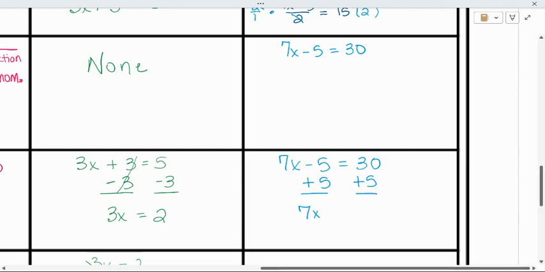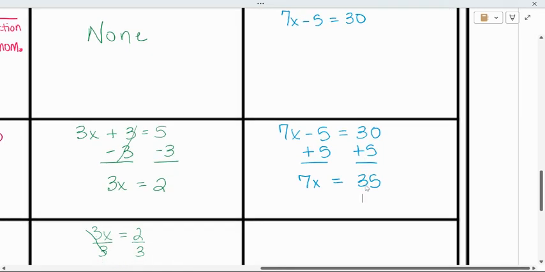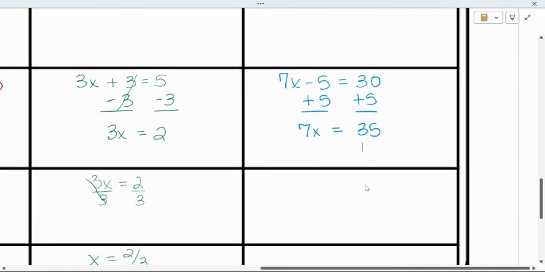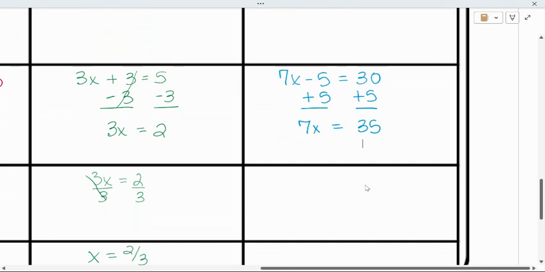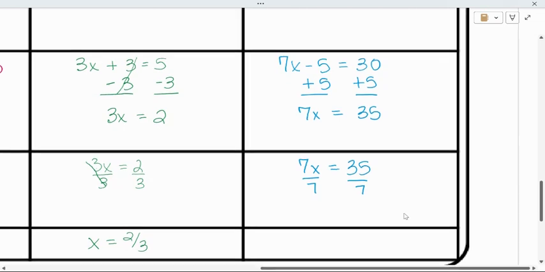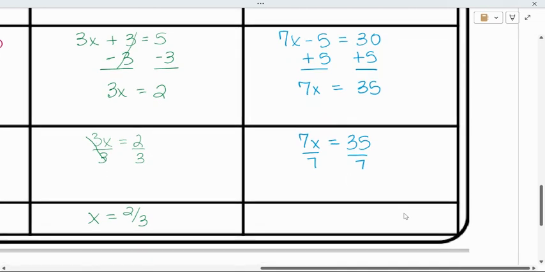So now I have 7x equals 35. Last step says multiply or divide by your coefficient. So are we going to multiply or divide by that 7? We're going to divide both sides by it. Yeah, good job. And that means that x equals 5. x equals 5. Perfect.